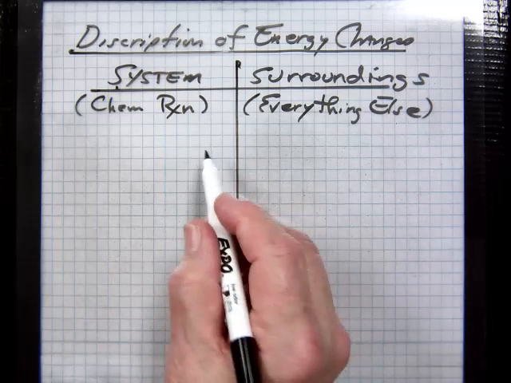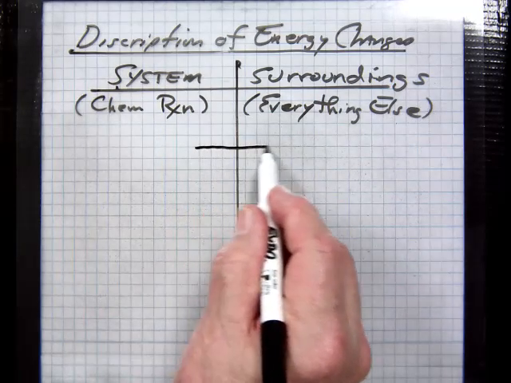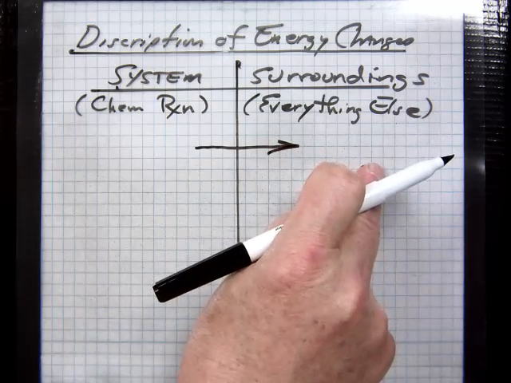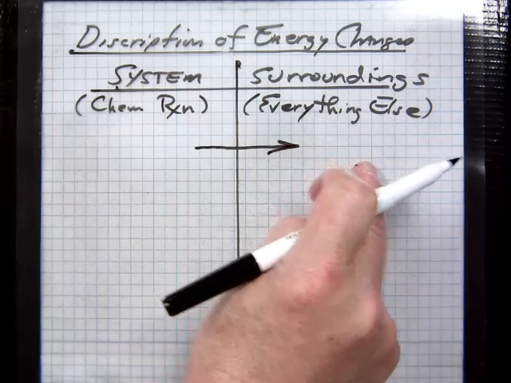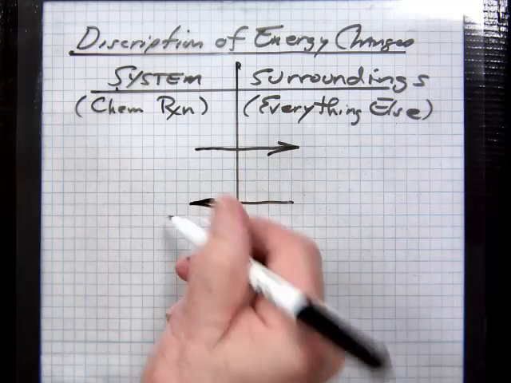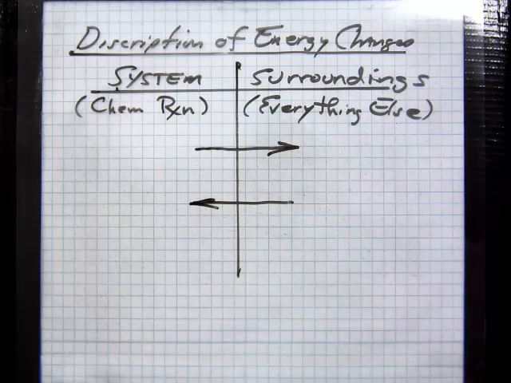So what we're looking at is a flow of energy either from the system to the surroundings, or vice versa, from the surroundings to the system. And that's heat flow.